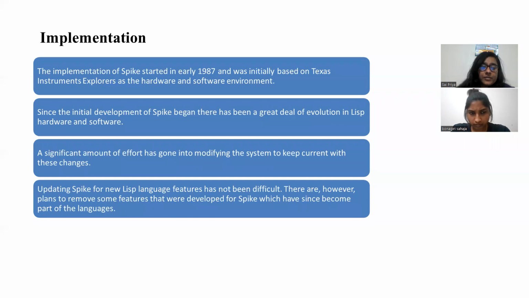And coming to the implementation, Spike was first implemented in early 1987 with a hardware and software environment based on Texas Instruments Explorers. The Spike graphical user interface was written in Telecrop KE Common Windows, but the rest of the system was written in Common Lisp and the Flavors object system.